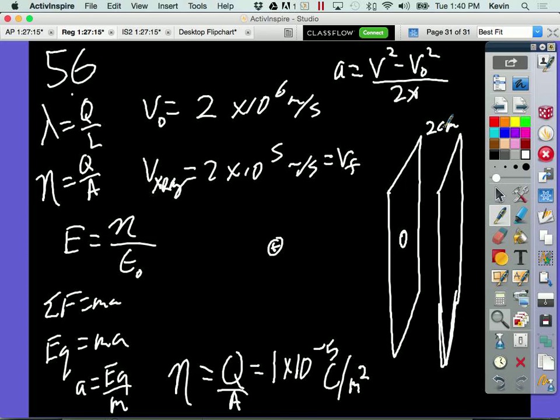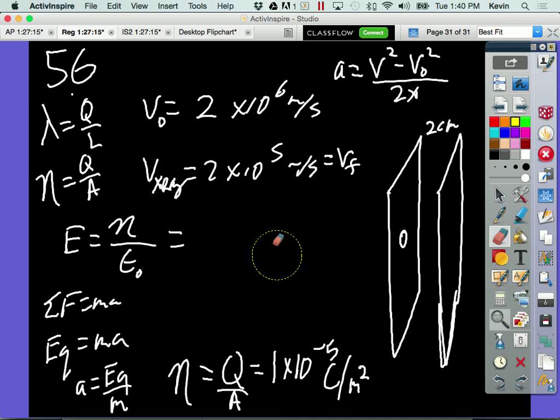So if we have this E, we plug that in. If this is Q, oh, actually, that's fine. We're supposed to find the amount of charge, the charge density. So basically, we're supposed to find nu. So then we can plug in nu for this, right?